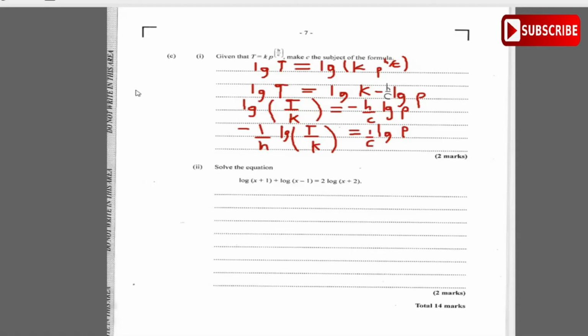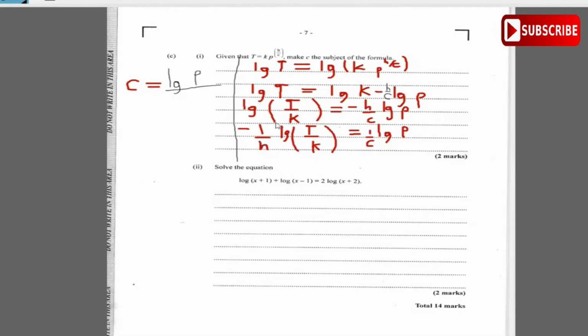So what it works out to be is c is equal to the log of p divided by all of this right here.